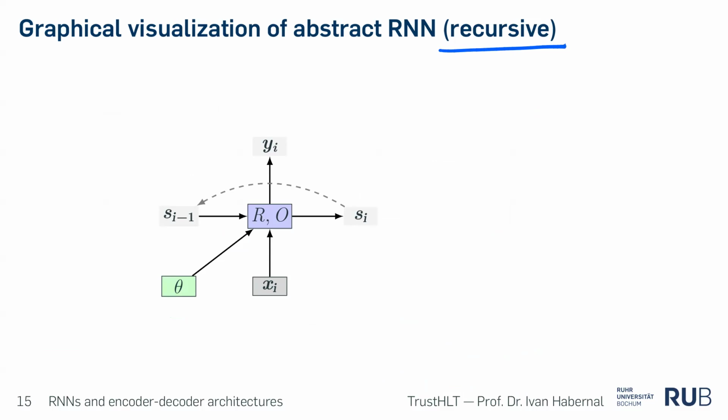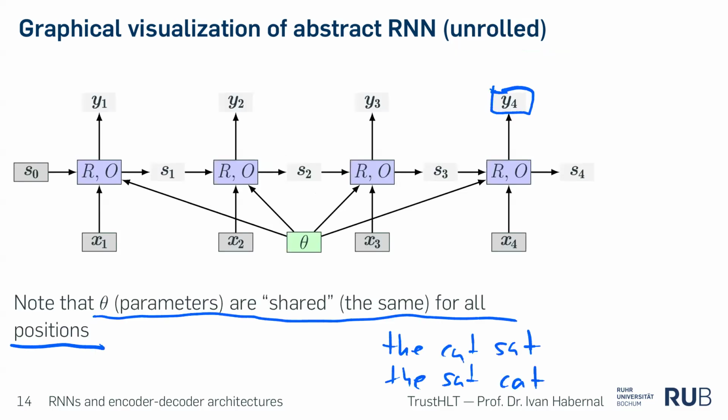The dashed arrow means that you treat this, for the next iteration, as the previous state. So this is the rolled version, where the recursion is shown as just one simple block. But when I think about an RNN, I just think about the unrolled thing, because at the end of the day, you have a number of inputs, and this is the flow from left to right. Yes.